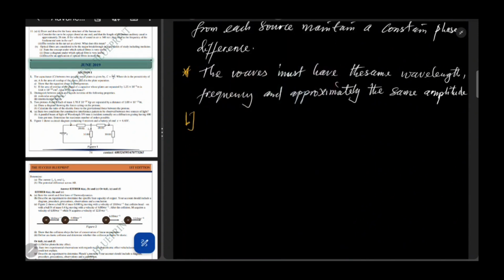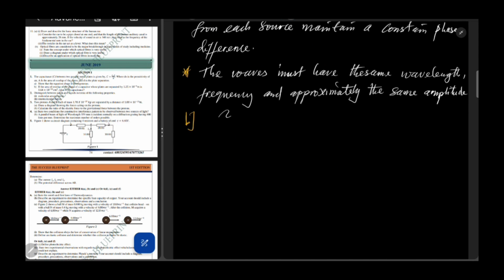Question B says a parallel beam of light of wavelength 559 millimeters is incident normally on a diffraction grating having 600 lines per millimeters. Determine the maximum order of diffraction, or the maximum possible order.